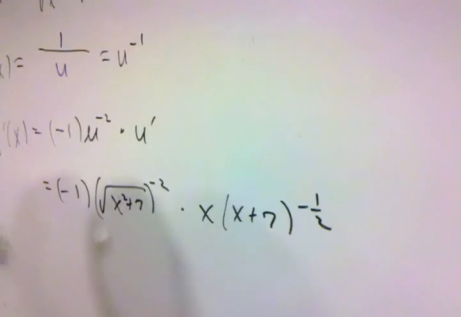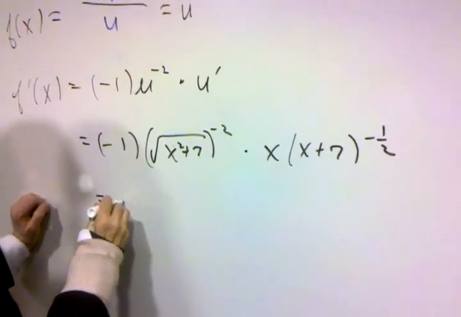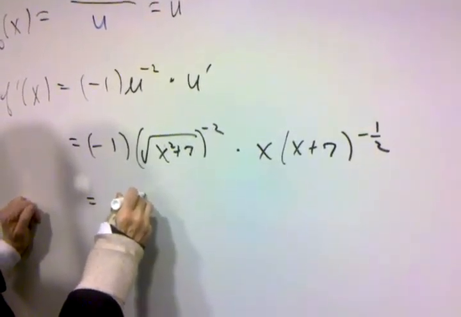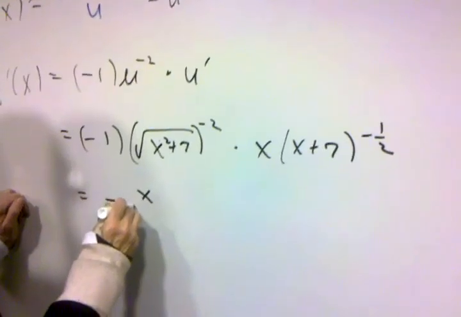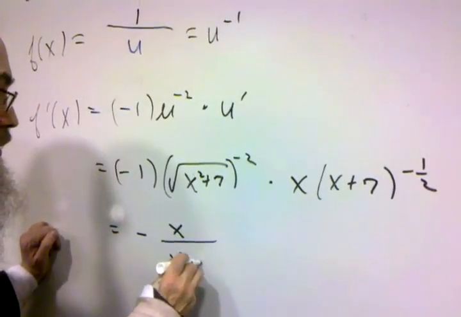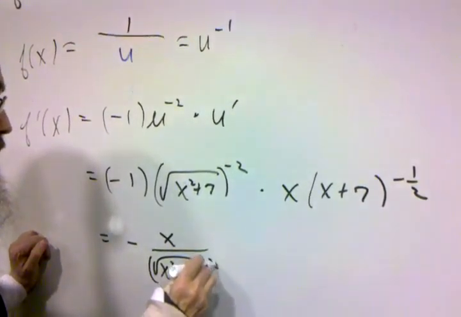I'm going to simplify this a little bit. This is negative 1. I'll just make a negative sign. And we write x goes on top. This goes on the bottom: x squared plus 7, the square root of that squared.